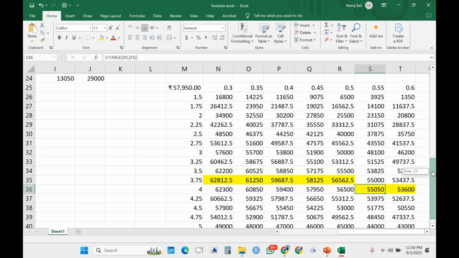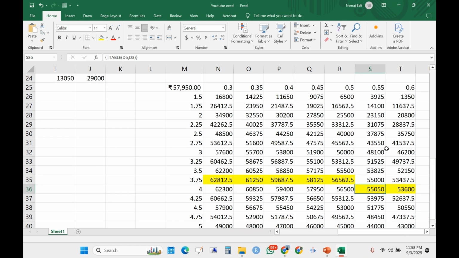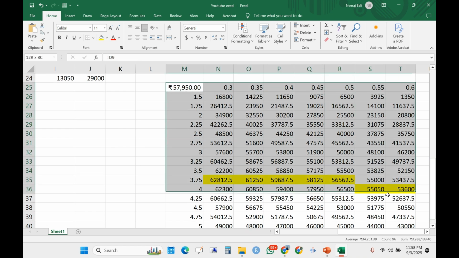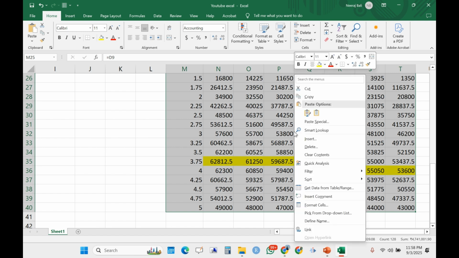Now let us see how we can make a graph out of it. Let me select this and see it visually, because sometimes it's difficult. Client may ask for visual representation. On the right side, we will click the mouse and something is coming.